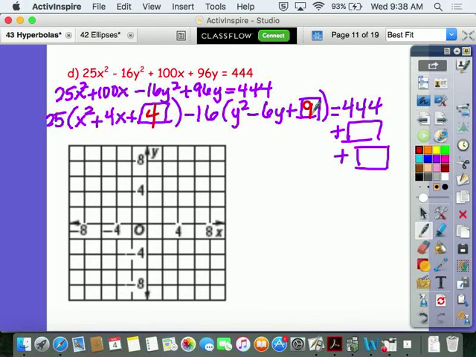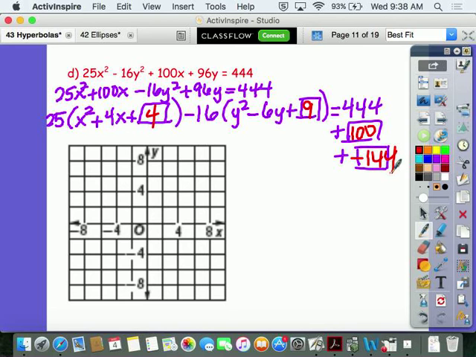But what are we adding to the other side? 100, and a negative 144. Should be 144. Okay, that's all right. So we double check. All right?